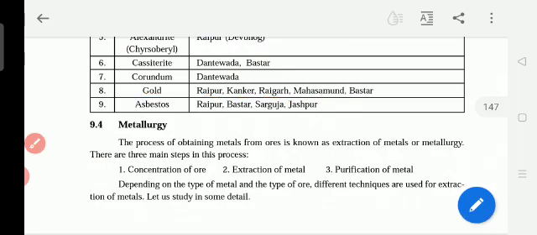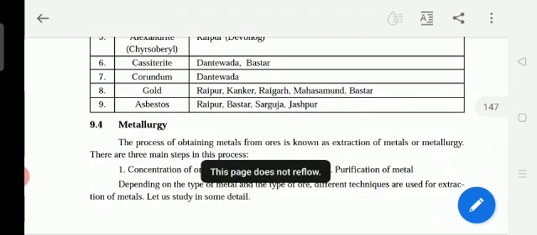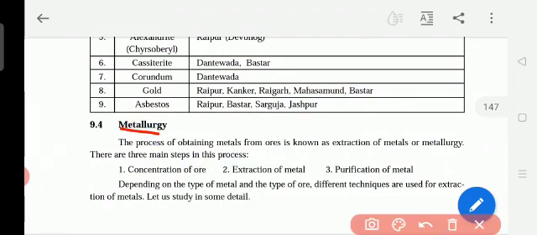Now we go to metallurgy. So what does metallurgy mean? The process of obtaining metal from ores is known as extraction of metal, or metallurgy. There are 3 main steps in this process. Ore means one kind of solid rock from which the metal is separated, and minerals are also present in the ore.